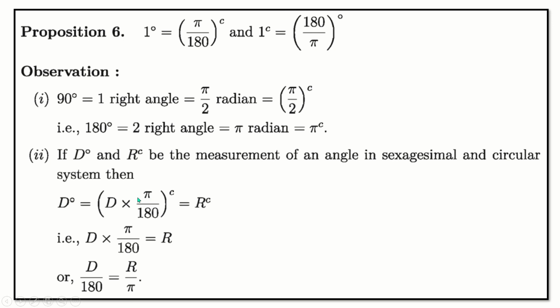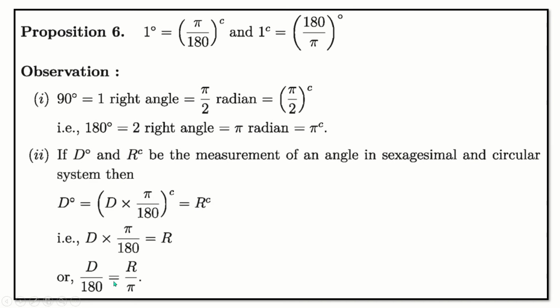We can cancel radian on both sides, because same unit, no problem.